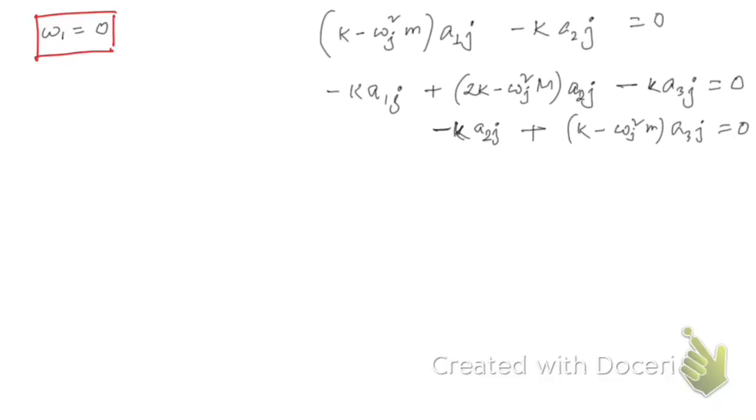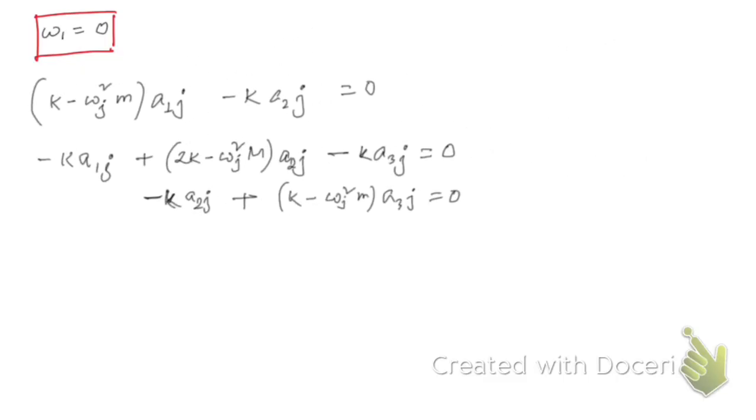We are doing it for omega 1, so instead of omega j, I'm going to write omega 1. Let me replace j by 1. Wherever you see j, make it 1, because we are doing it for omega 1.